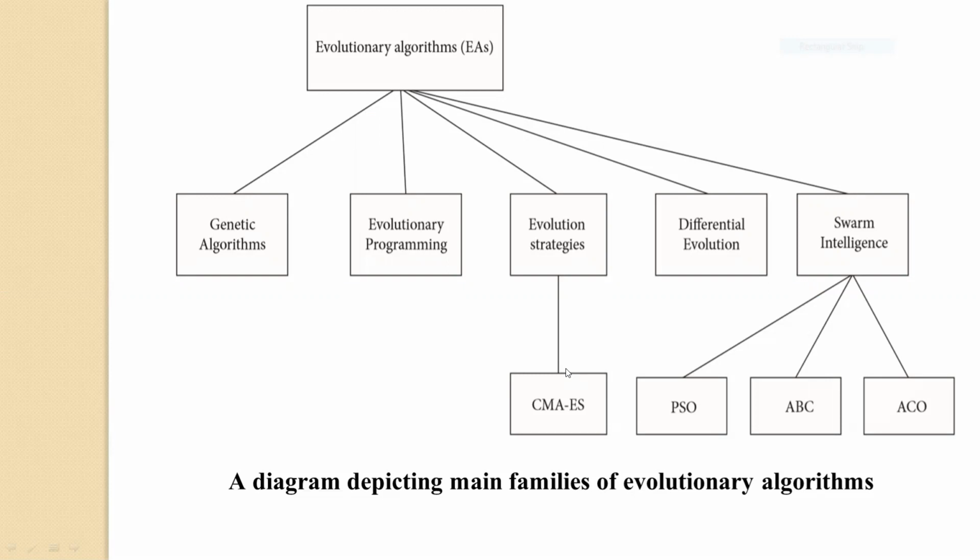So evolutionary algorithms are classified into genetic algorithm, evolution programming, evolution strategies, differential evolution, swarm intelligence, particle swarm optimization, ABC optimization, and ant colony optimization. Out of this, we are now going to learn the genetic algorithm.